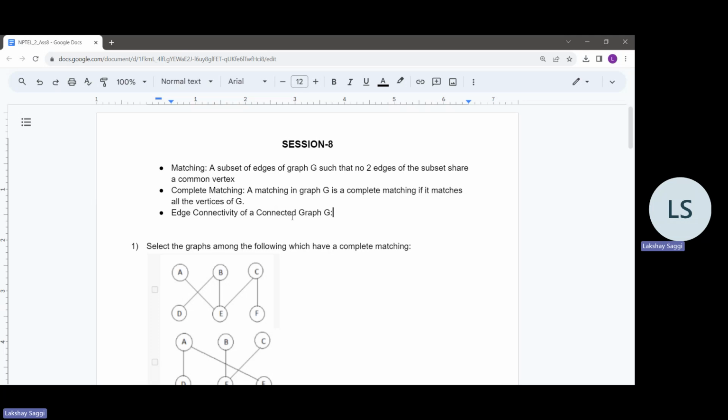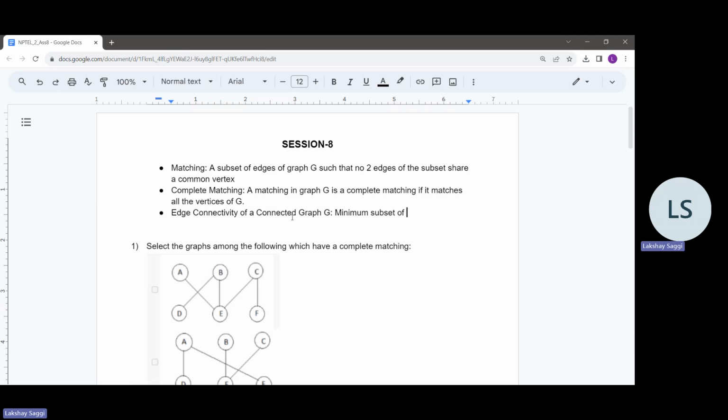So what is the edge connectivity of a connected graph? It's nothing but the minimum number of edges which we need to remove from the graph so that the graph becomes disconnected. So what's the edge connectivity?